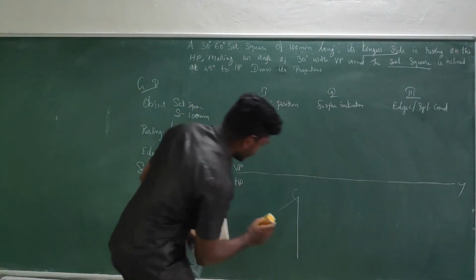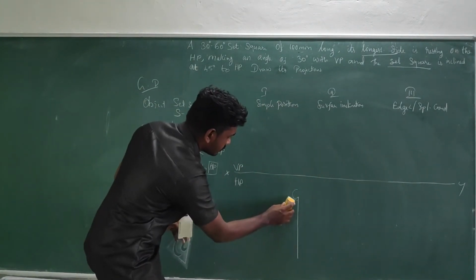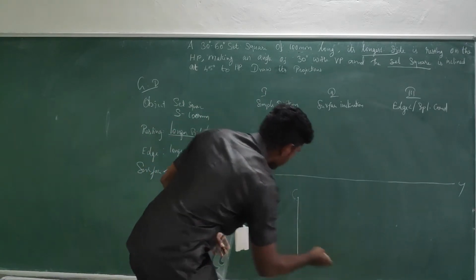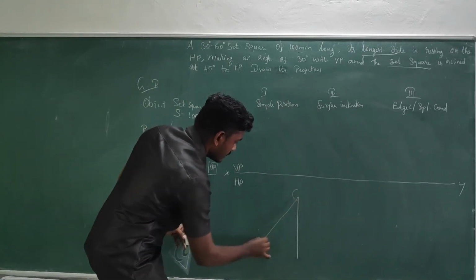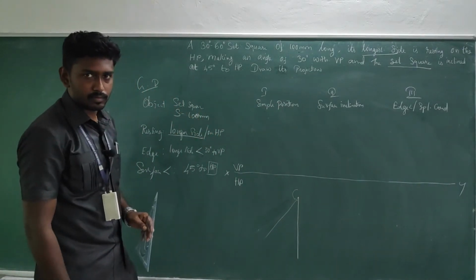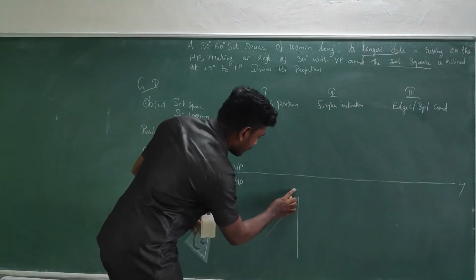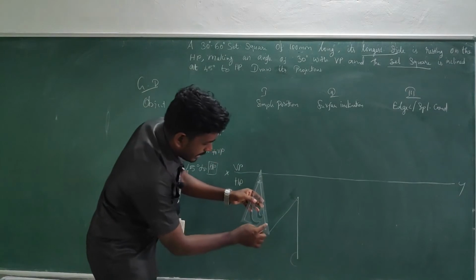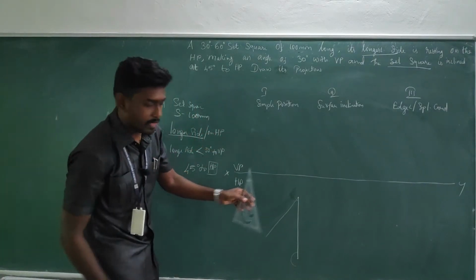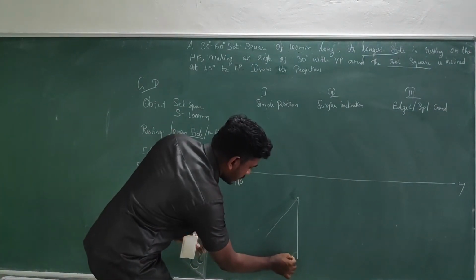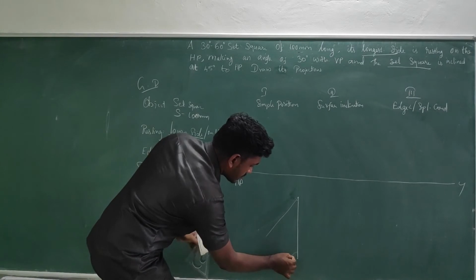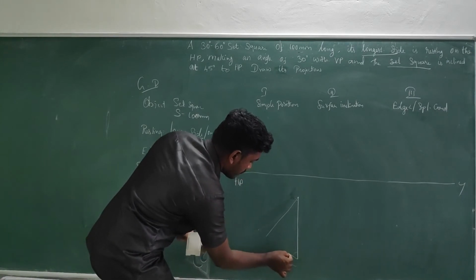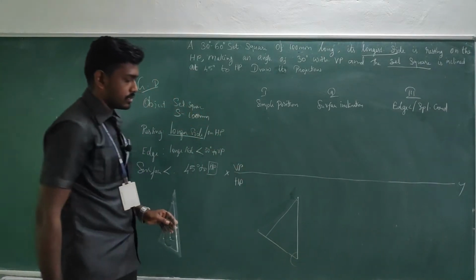Okay, it's a 30 degree. So we can take somewhat minimum. So the line will be something like this. And then by placing your protractor at the other end, it is with 60 degree. So take 60 degree in your protractor, and go for a line. So the line goes something like this.